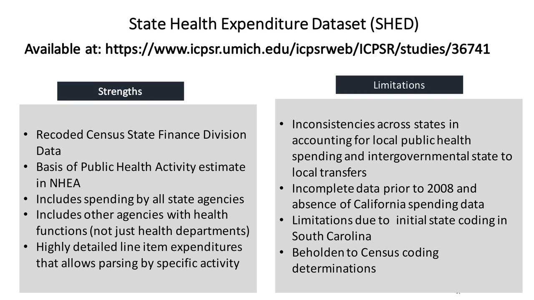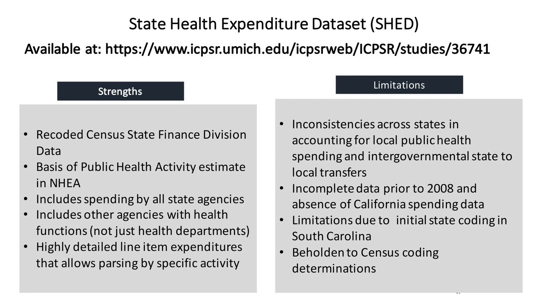And then additionally, the census gets that data and then they code it to their categories. So it's basically getting coded twice, once by the state, whatever they've categorized it as, and then the census. But just to be clear, all the data we have is the census has coded it all as non-hospital health spending, code 32 it's called.